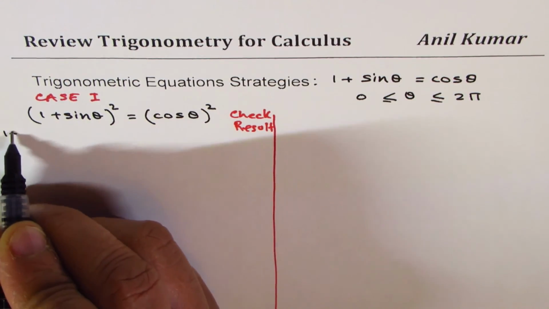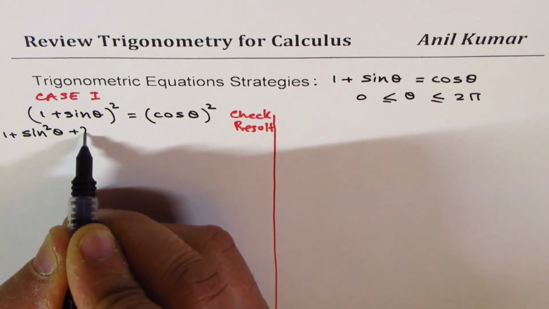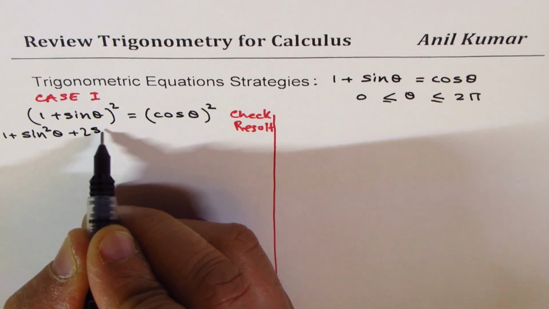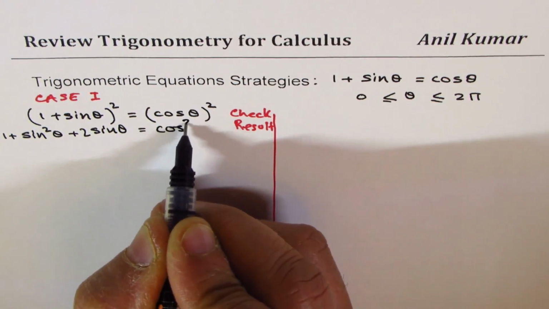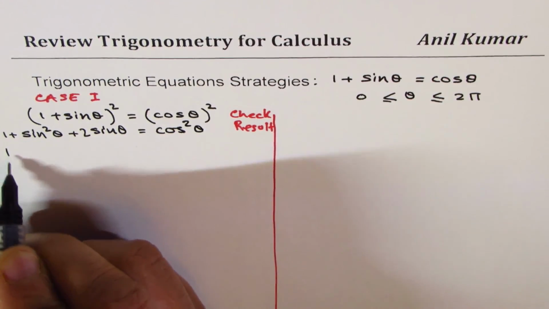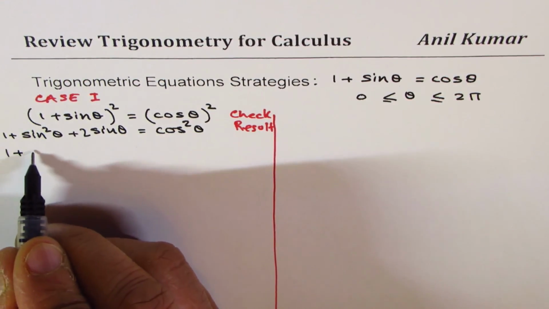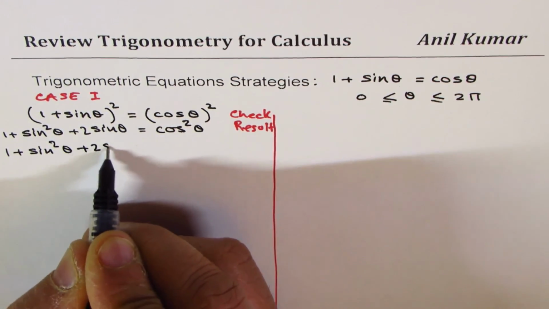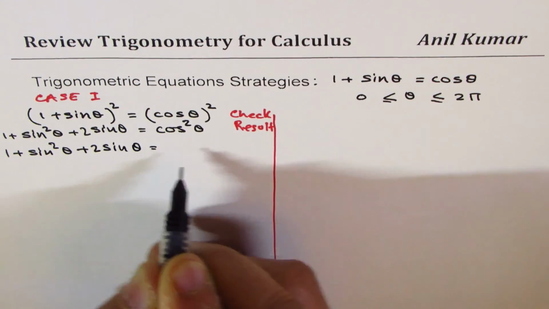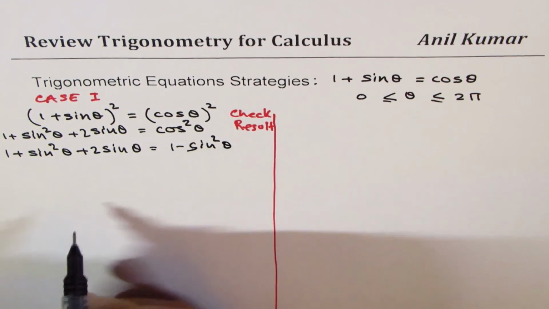We have 1 plus sine square theta plus 2 sine theta as the expansion of this, plus cos square theta. Now we could write cos square theta as 1 minus sine square theta, right? So we get 1 plus sine square theta plus 2 sine theta equals 1 minus sine square theta.